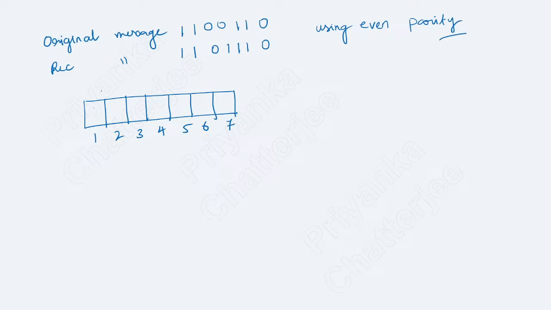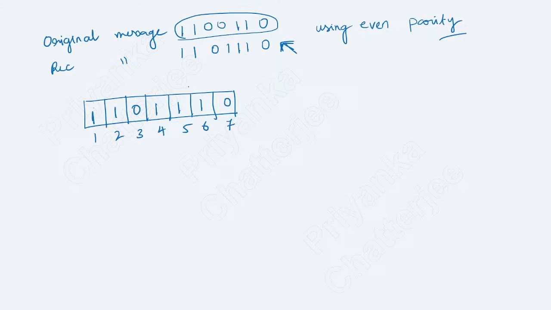This is my 7-bit. Now put the data you received, because you don't know the original data, you only have the received data and you are checking it now: 1 1 0 1 1 1 0.